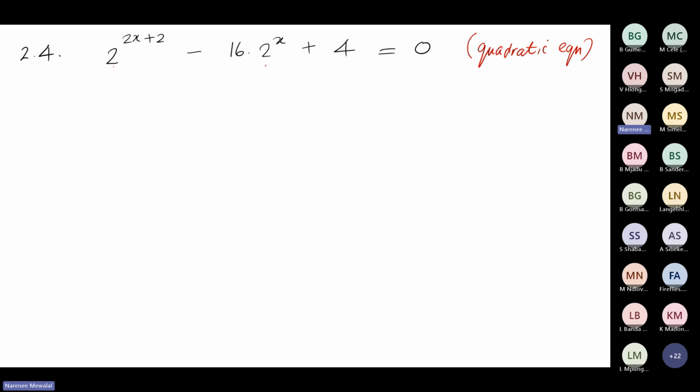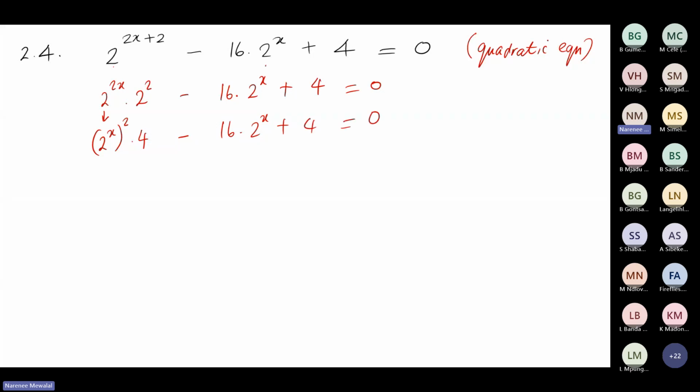So in this case, we break up your first term as 2 to the power 2x times 2 squared minus 16 times 2 to the x plus 4 equals 0. And then you can write this as 2 to the x all squared, again employing the raising a power to a power rule, times 4 minus 16 times 2 to the x plus 4 is equal to 0.